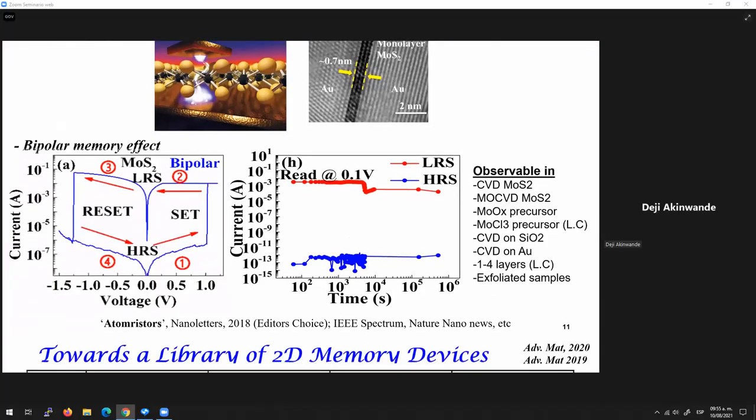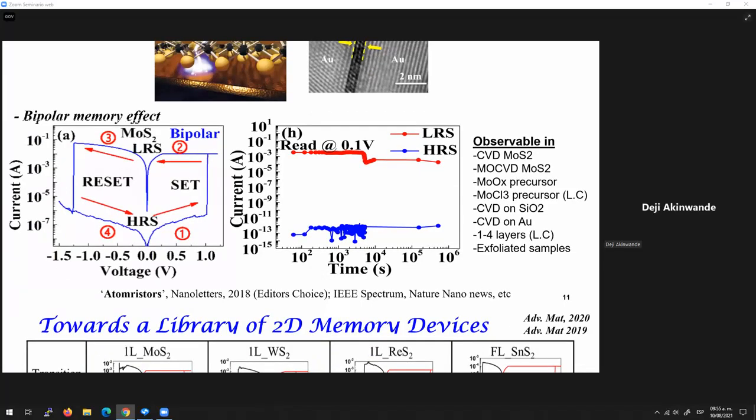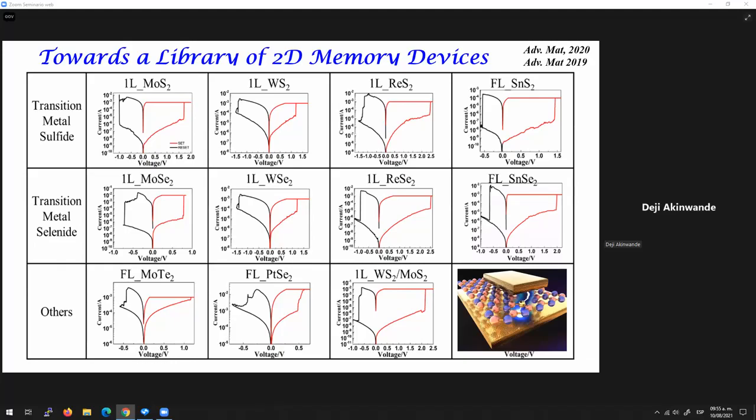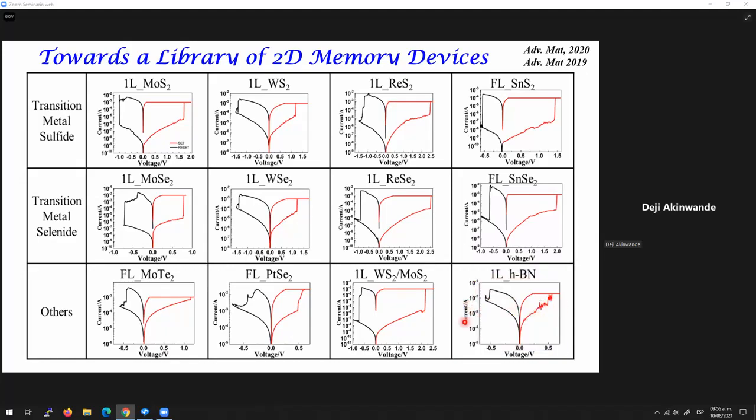Since then, we've now done increasingly exhaustive studies, not just on MoS2, but on a growing library of 2D materials. You see here, we've done studies on the metal sulfides, the metal selenides, and heterostructures of two-dimensional material, tellurides. And indeed, we've also studied the thinnest 2D insulator, which is hBN, and that also shows very, very promising memristor or resistive switching phenomena.